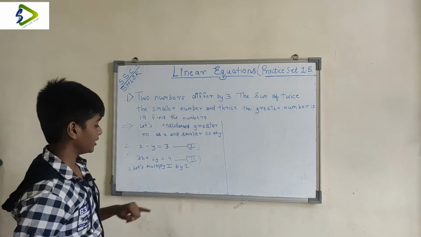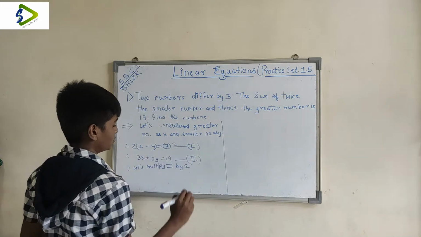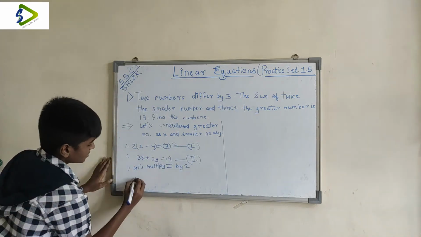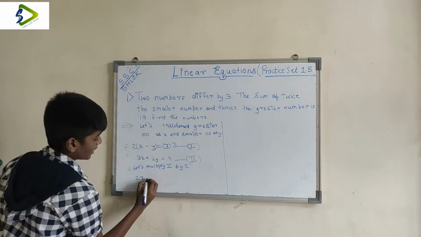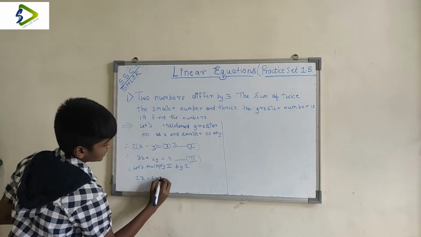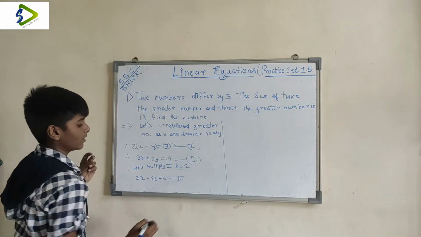Let's multiply equation 1 by 2. If you multiply both sides by 2, you get 2 times x is 2x and 2 times y is 2y, so 2x minus 2y is equal to 3 times 2, which is 6. Let's consider this as the third equation.